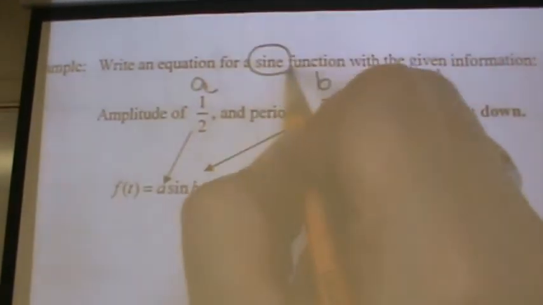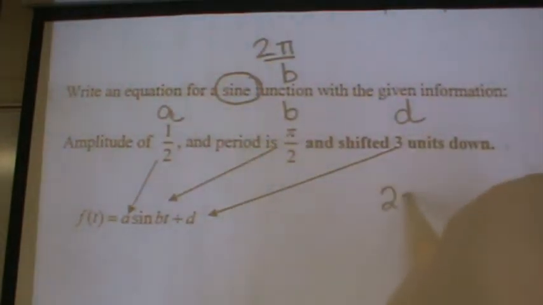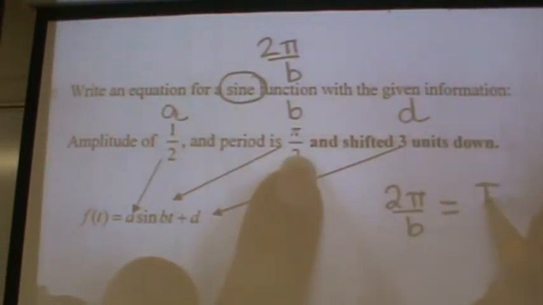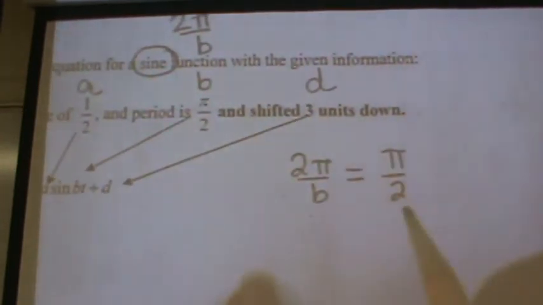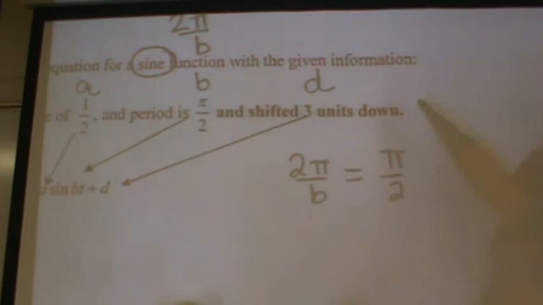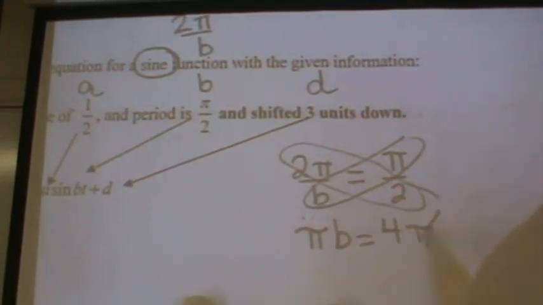So if it's a sine equation, the period is 2 pi over B. If the period is pi over 2, how are you gonna solve for B? Cross multiply. You're gonna do pi B equals 4 pi. These pi's cancel, and what's B? B is 4.